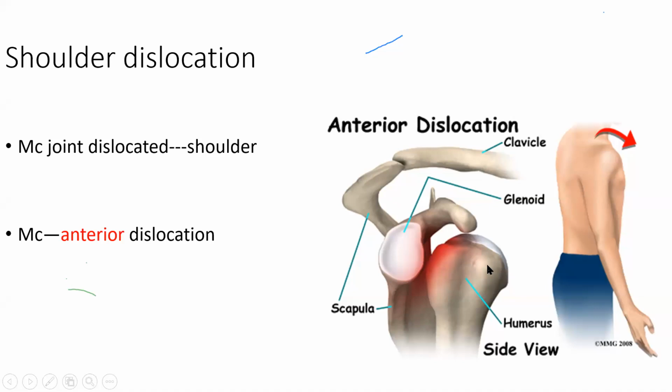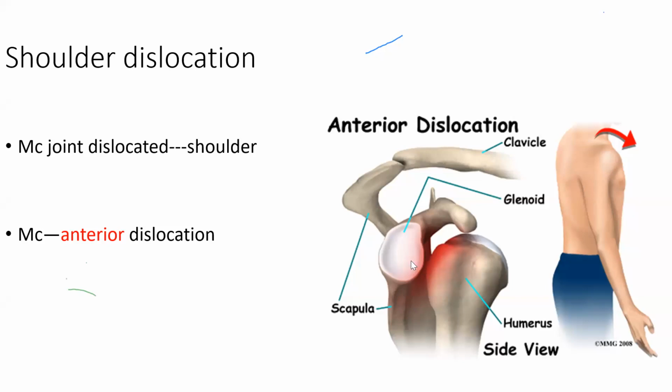The most common type of dislocation is anterior dislocation. Don't confuse this with what I told you: the shoulder joint has support anteriorly, superiorly and inferiorly. The easiest way of dislocation is inferiorly, the weaker section, but the most common pattern of dislocation is anterior.